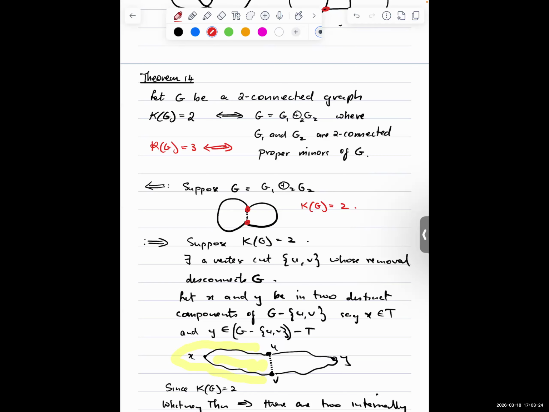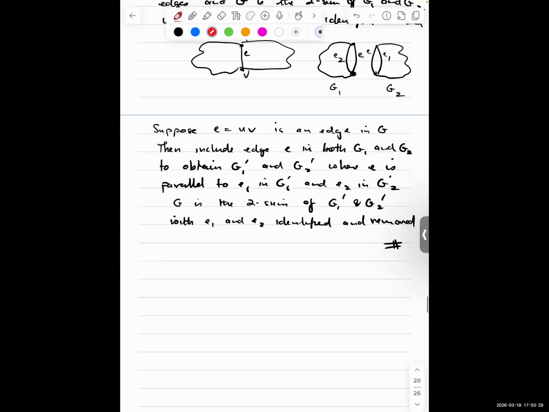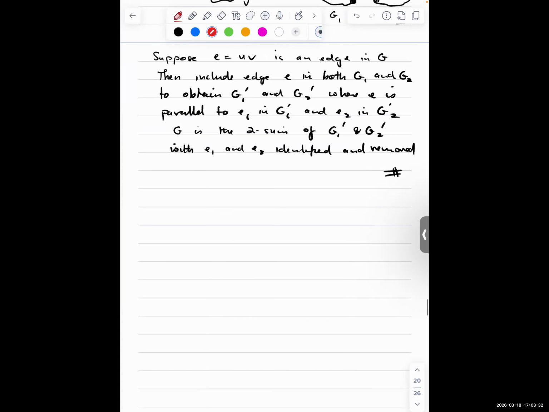What about an example of a cycle? Oh, that's a good question. What happens for a cycle? You know what, I think the cycle will illustrate what happens in the whole thing. So this is my C, right? Pick two vertices U and V in the cycle, and then pick those other two vertices X and Y. So you literally don't have anything else except the cycle.